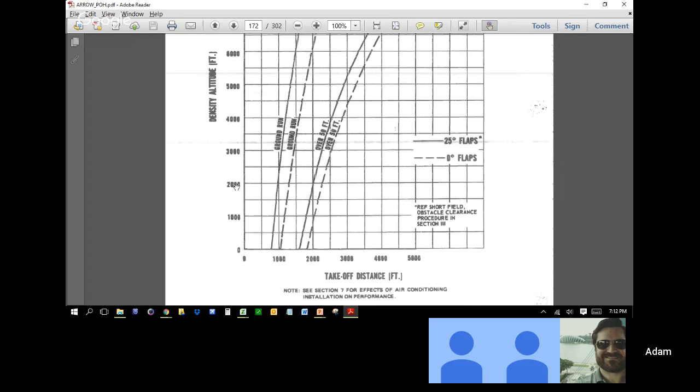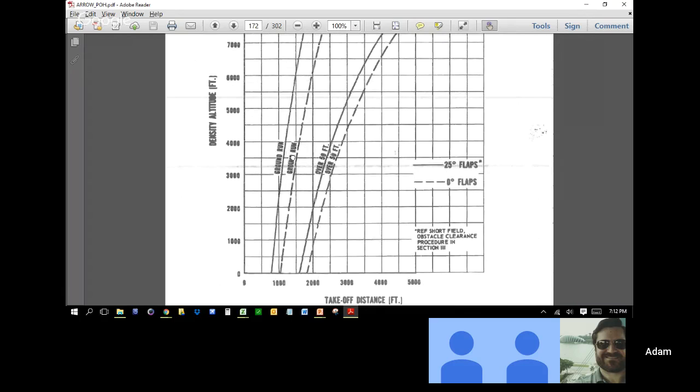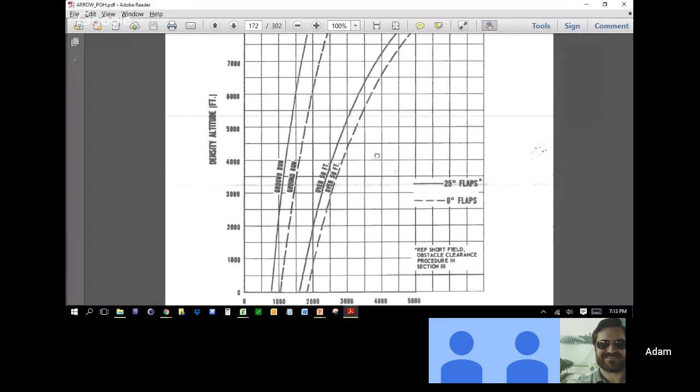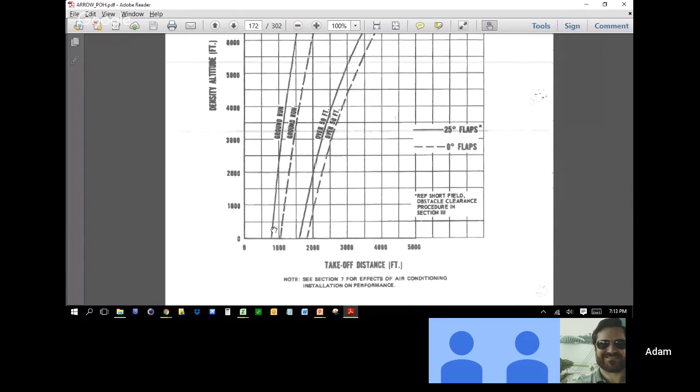At around 2,000 foot density altitude, if my aircraft is fully loaded, 2650. Because weight greatly affects performance, like we talked about, if I'm loaded at 2,200 or 2,300 pounds, I know it's going to take off sooner than 1,000 feet in a 2,000 foot density altitude scenario.